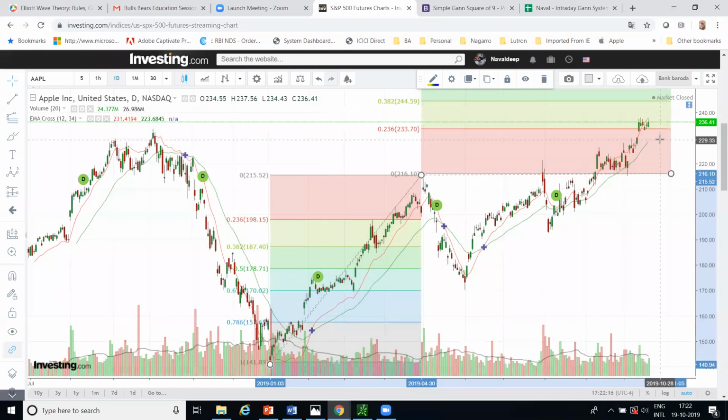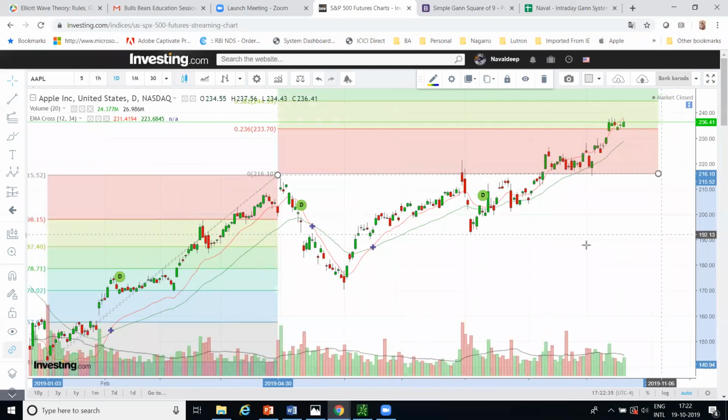You see, for last couple of days, it was trying to consolidate around 236. It tried to go up and then come back. You notice that? Yeah, very much. Now, in the extensions, first it will try to face a resistance about 100%, which was 216.